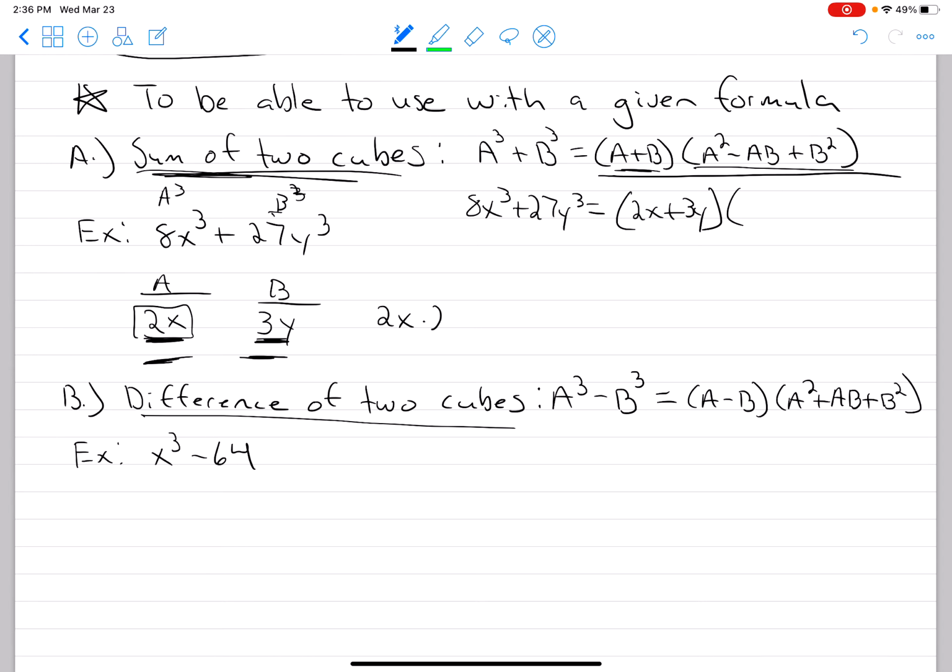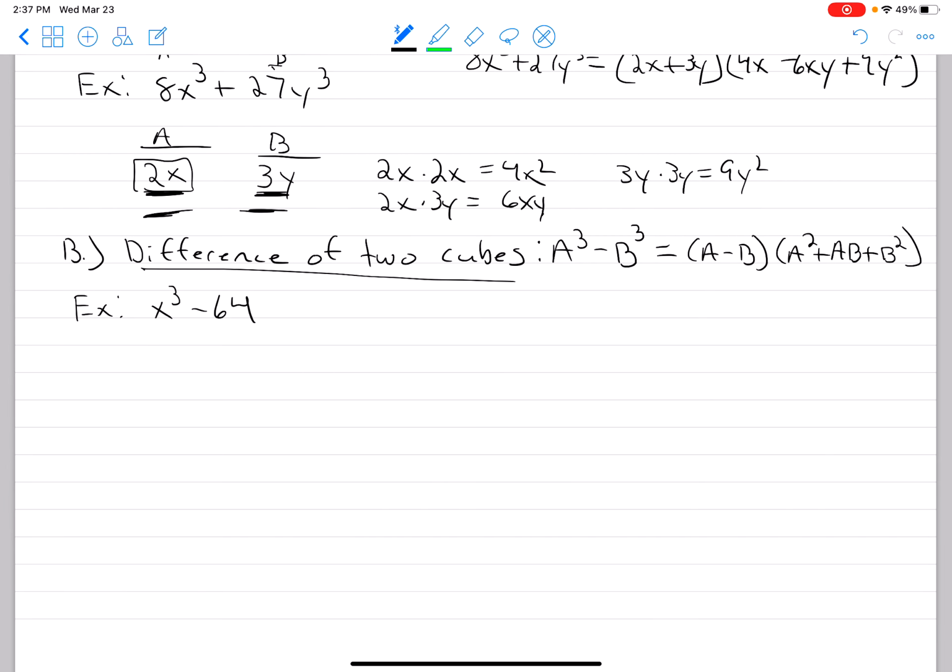In other words, 2x times 2x, which is 4x squared, minus A times B, so 2x times 3y, which equals 6xy, plus B squared, which is 3y times 3y, which is 9y squared. I just figure out what A and B are, and I plug them into the equation.